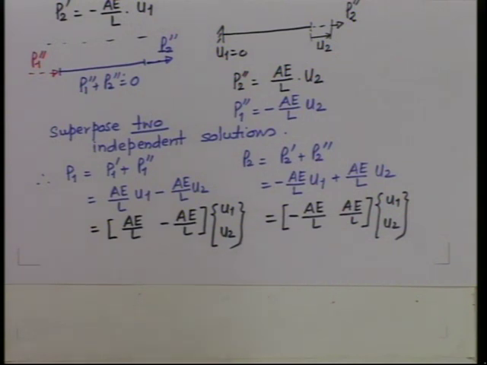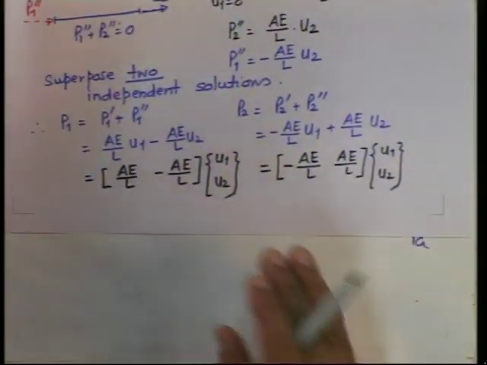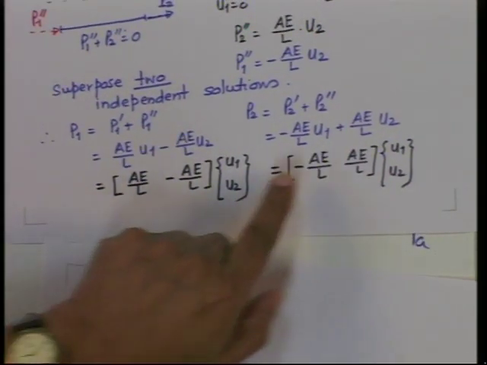Okay. So, P 2 P 1 is this, and this can be combined into again 1. P 1 is this, P 2 is this.